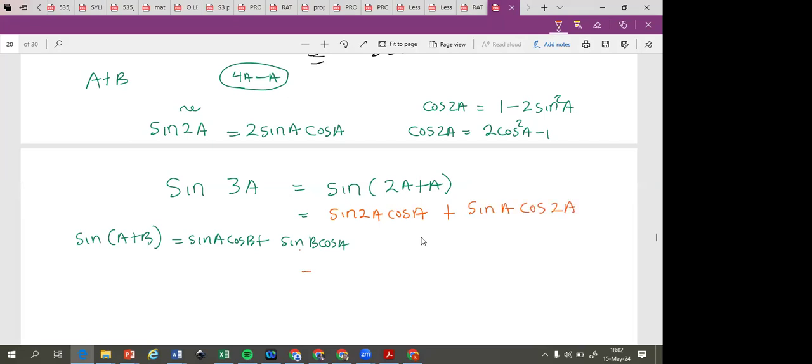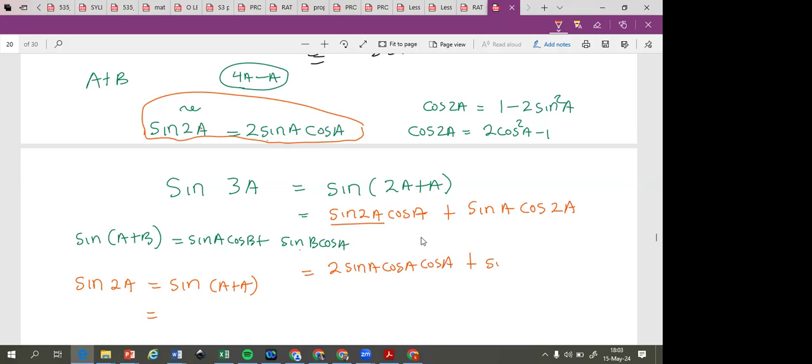When you reach that step, in case you don't remember, go back and say sine 2A is the same as sine of A plus A. Like I told you, this one must be on your head going forward. So where there is sine 2A, I put 2 sine A cos A.